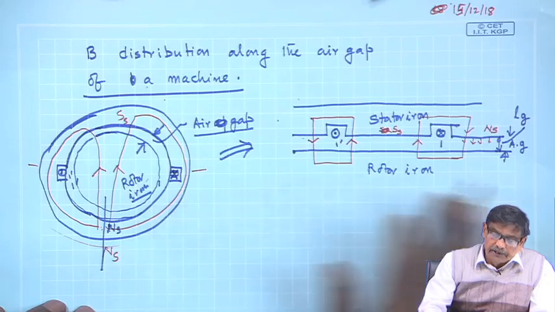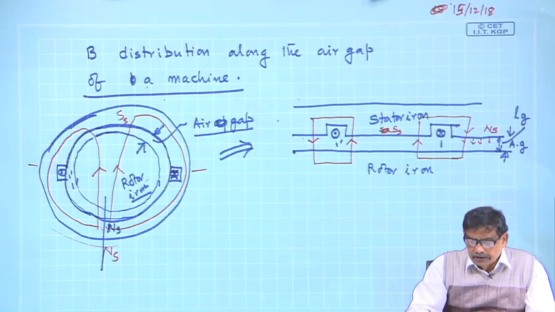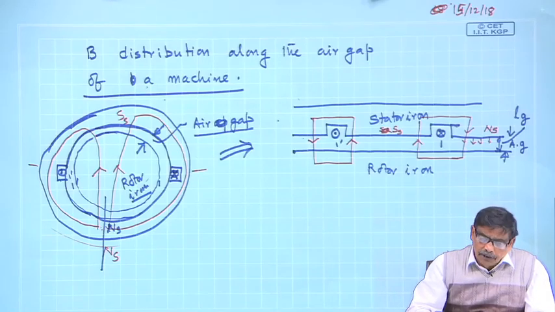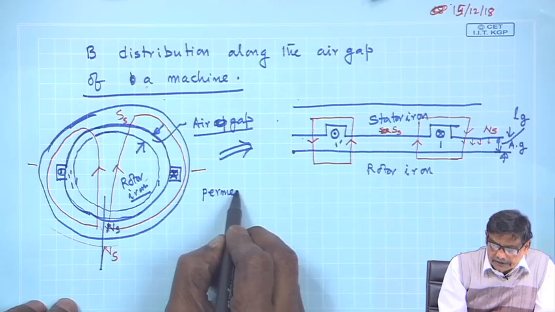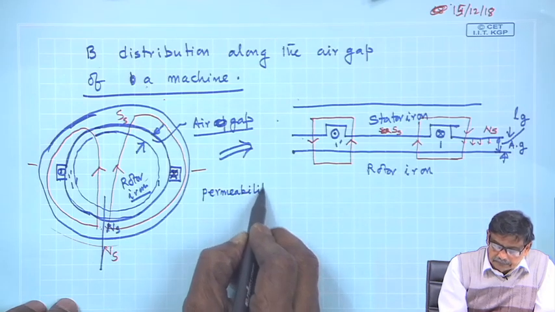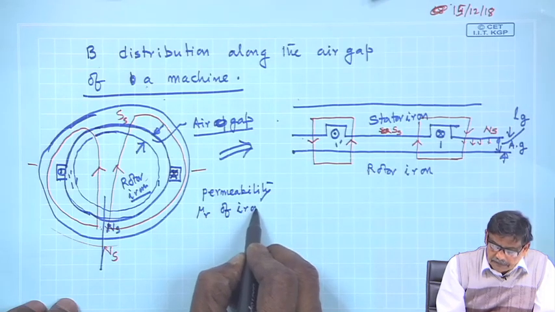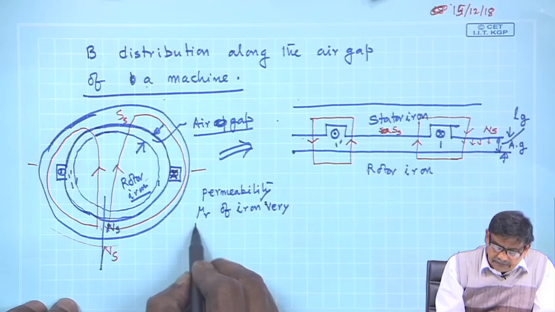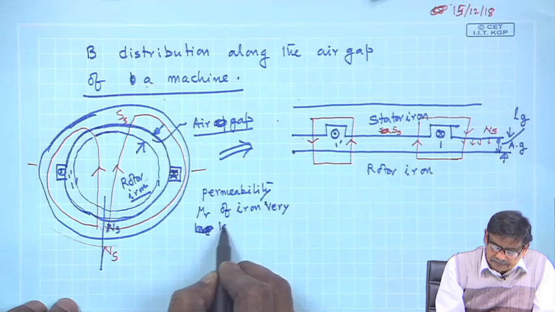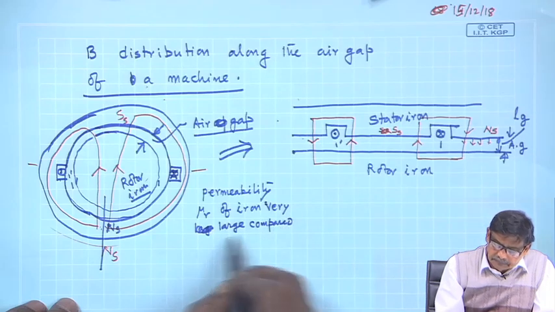Now, to find out the B distribution along the air gap, we will first make a few realistic assumptions. One is that the permeability of iron, that is mu r of the iron part, is very large compared to air.